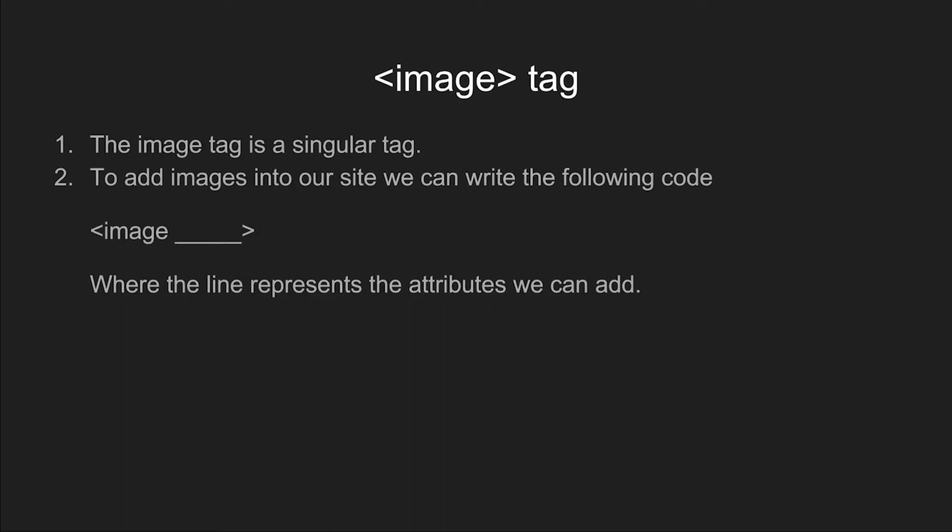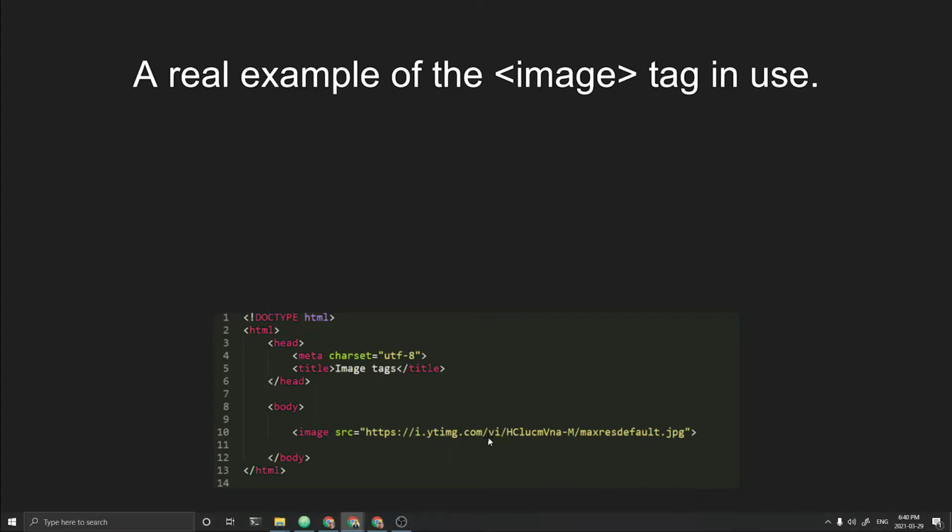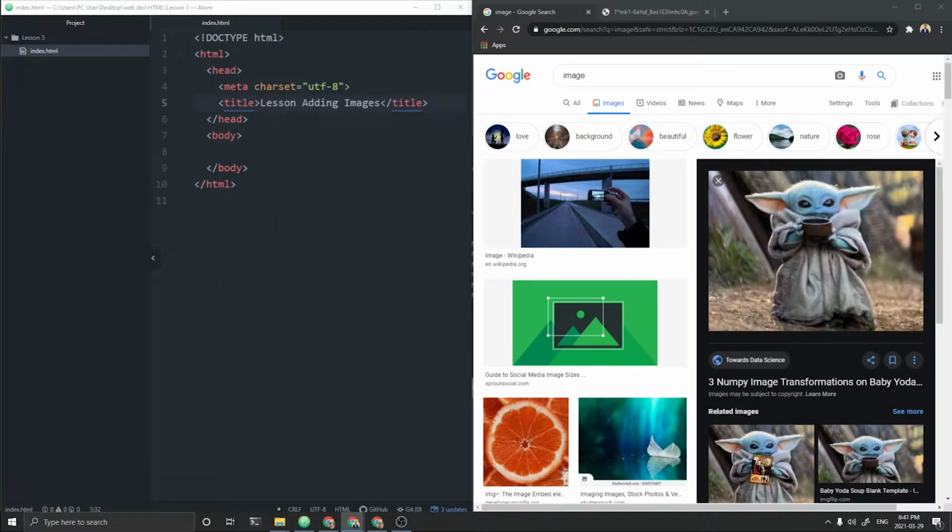You will see that there's an image tag, and we have this underline to represent some attributes that are necessary. So an example of us using the image tag can be us typing in image, and then src is equal to whatever. Well, this whatever is actually very important, and we just talked about it. So let's go ahead and go over that.